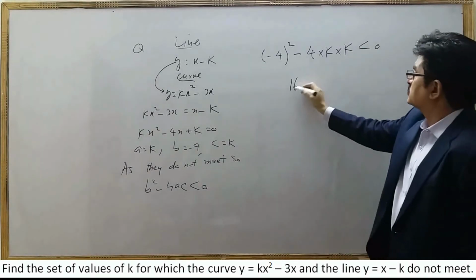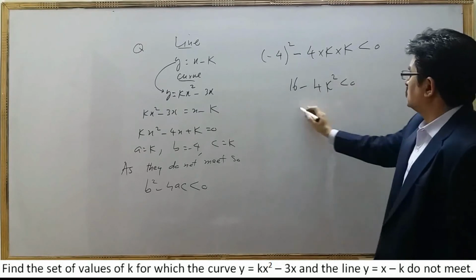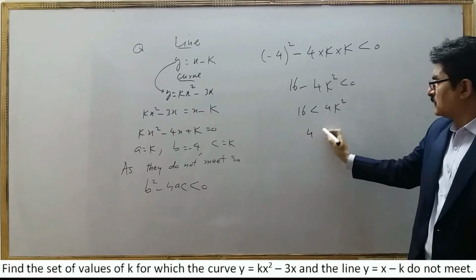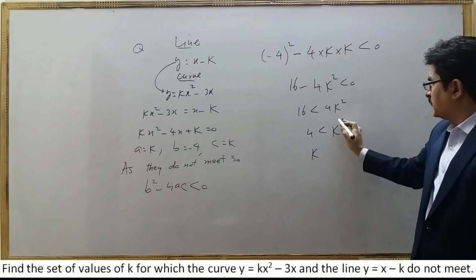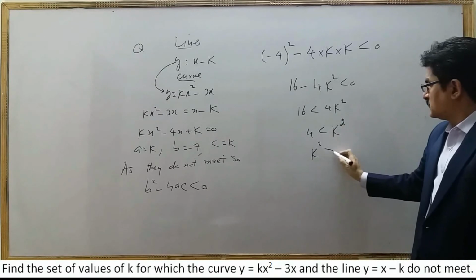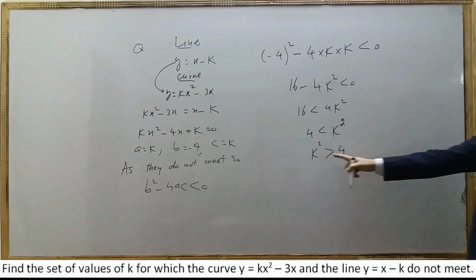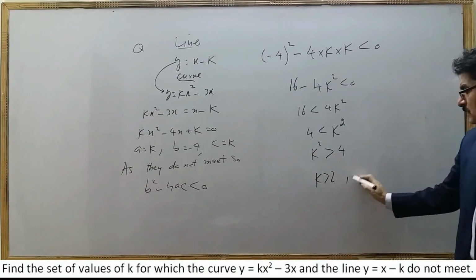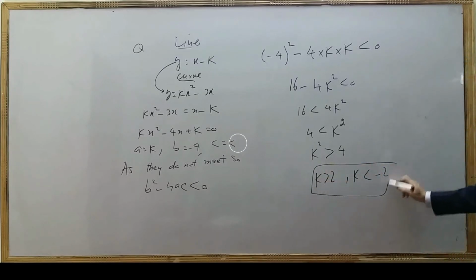Now we have 16 minus 4k square less than 0. 16 is less than 4k square, divided by 4: 4 is less than k square. Or you can write k square is greater than 4. Now you know that k square is greater than 4 when k is greater than 2 and when k is less than minus 2. So this is the answer to this question.